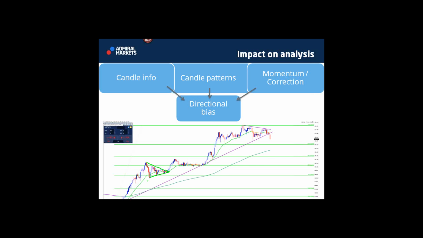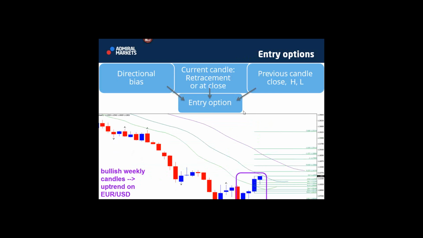And there's nothing wrong with waiting for that close and seeing the relationship to the high. I think it's a strong approach. All right, so that's just an example then, right, of using that and getting a direction.